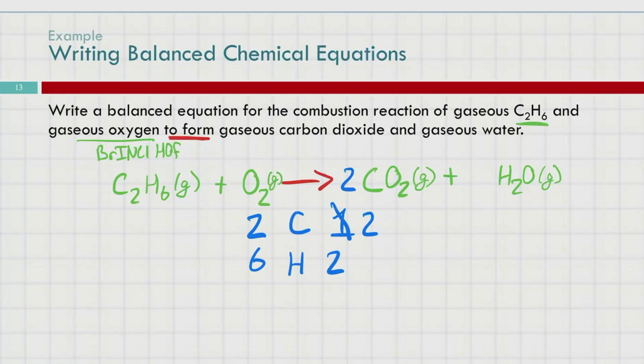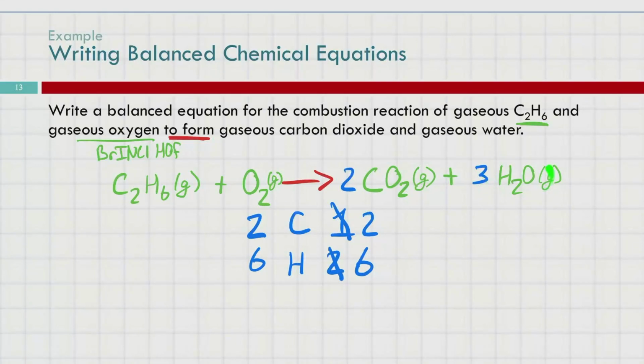To get those numbers to be equal, what do we have to do? We want to get this 2 to be a 6. What do we multiply 2 by to get 6? 3. So we're going to put a coefficient of 3.